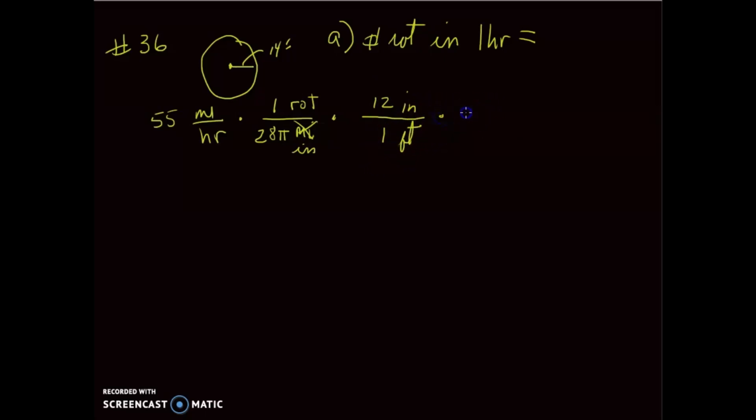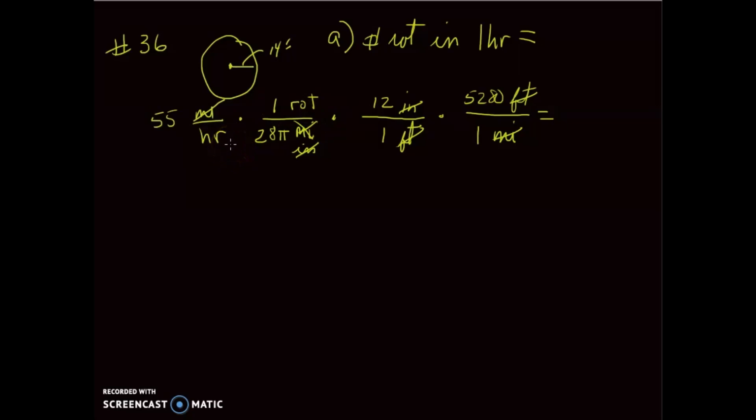I also know that I don't want feet, I want miles. 5,280 feet is 1 mile. So all those together, the miles eventually cancel. The rotations are left, and the hours are left. The inches cancel, and the feet cancel. So this final answer will be in rotations per hour.